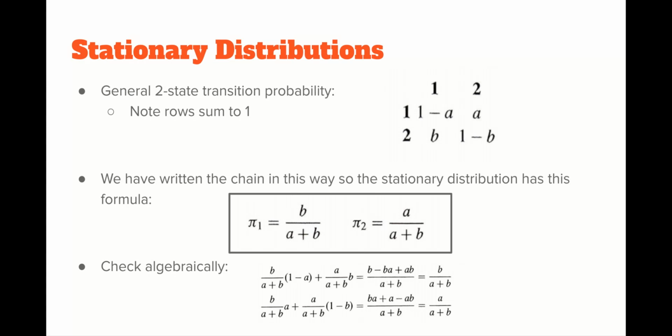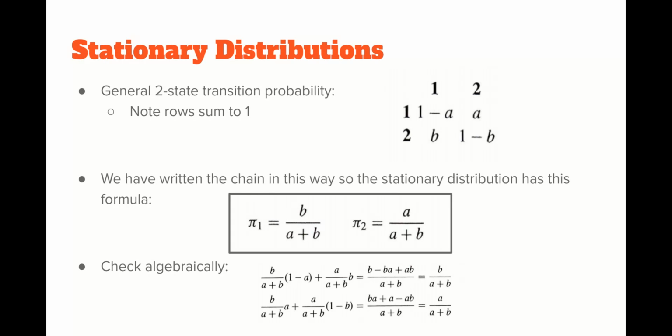So we denote the general two-state transition probability as this matrix on the right here up top. And we note that the rows sum up to 1, just like they did in our social mobility example. We've written the chain in this way so that the stationary distribution has the following formula. Pi 1 is b over a plus b, and pi 2 is a over a plus b.